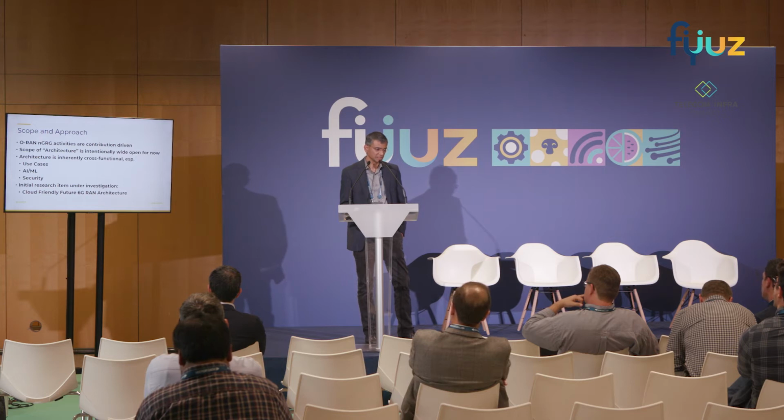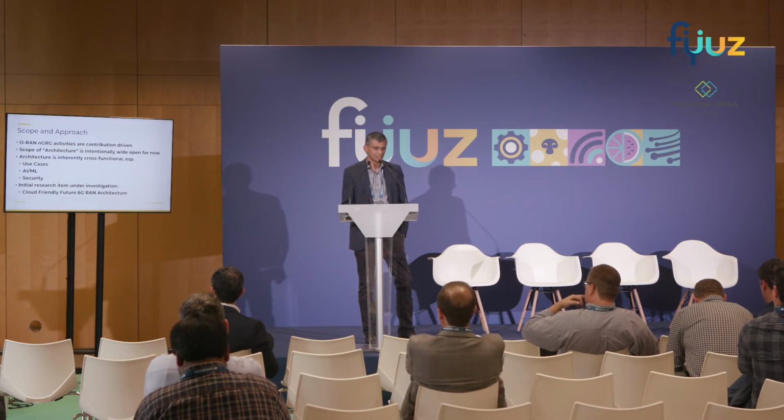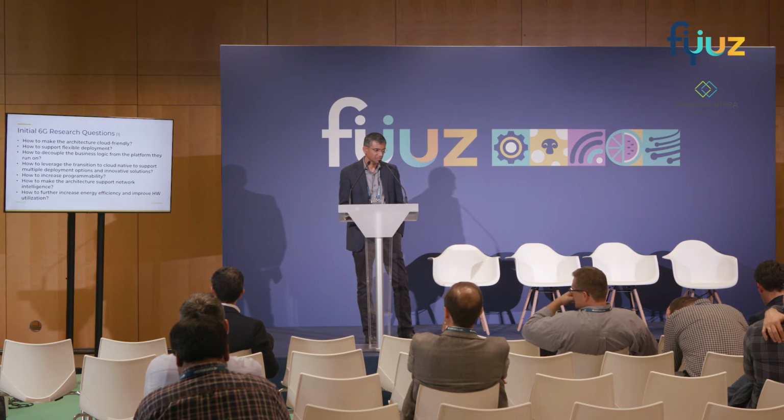For this research stream, it's not possible, especially this early in the game for 6G, to make any big decisions on it. But at the same time, it has to take into account things that are being done on the use case front, on aspects related to AI/ML, on aspects related to security, and so on. But one key activity that we are pushing in this research stream is how to make a cloud-friendly future 6G RAN architecture. So that is the key aspect.